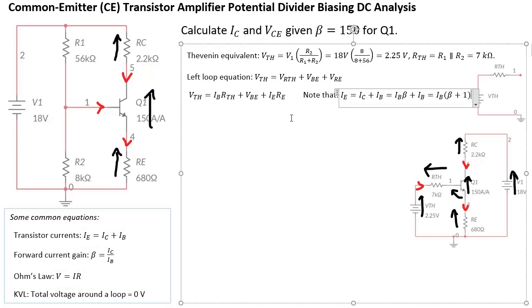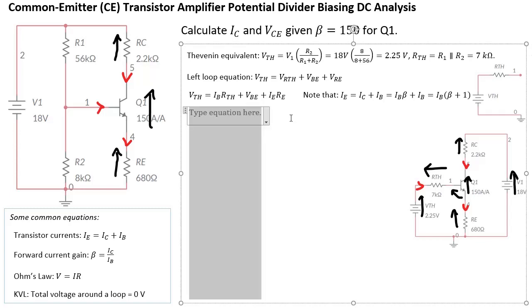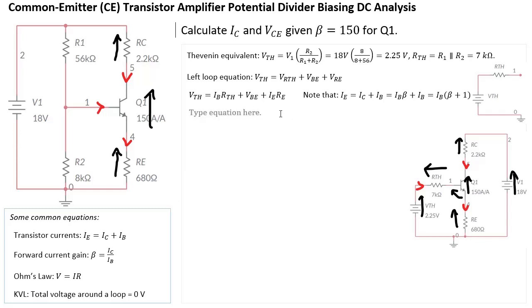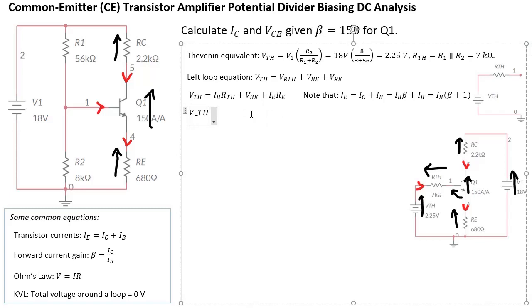So then we can substitute all that into our equations here. VTH is just going to be IB RTH plus VBE plus, instead of IE, we write IB times (beta plus 1) times RE.